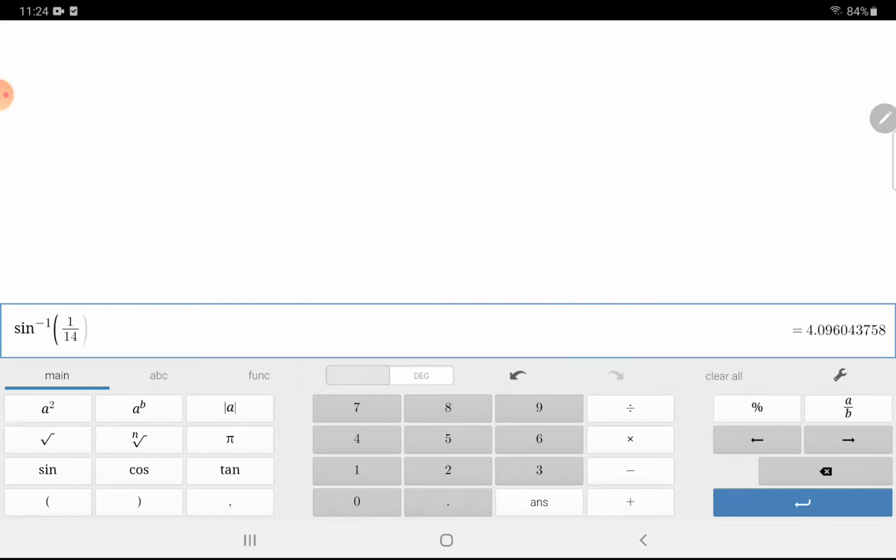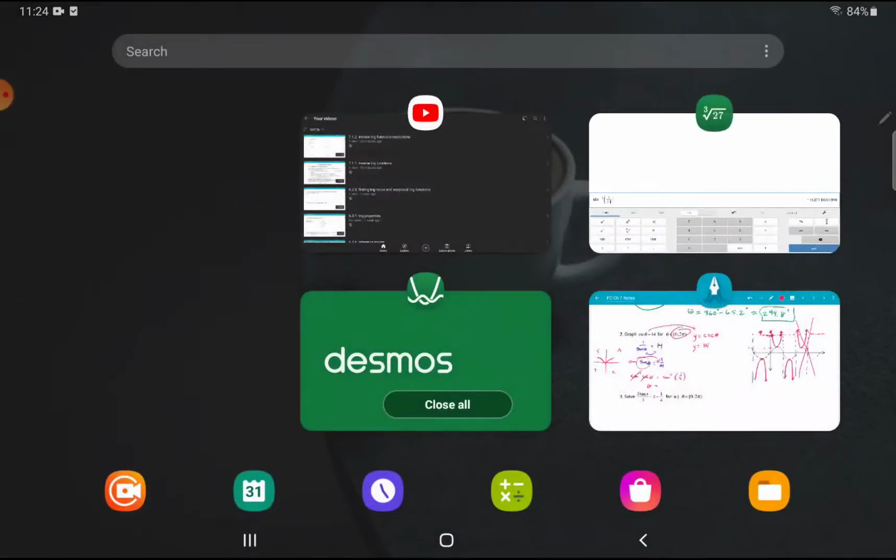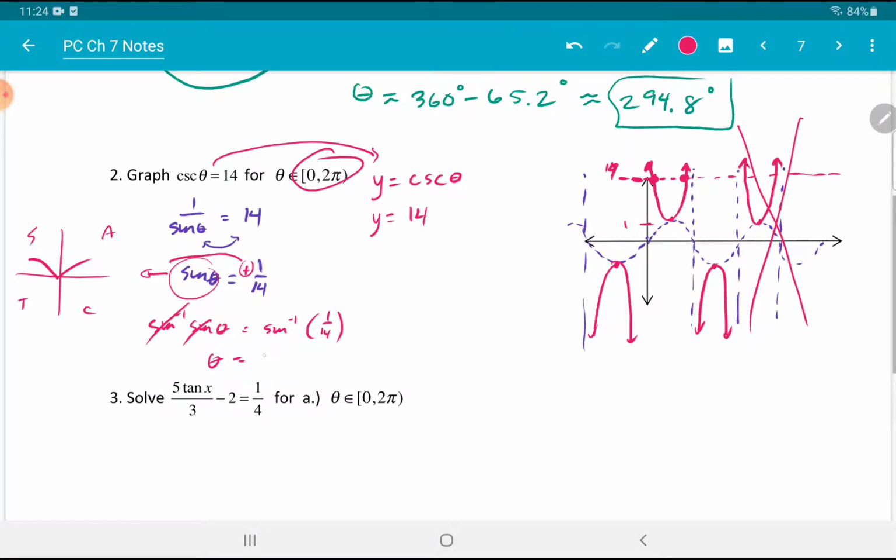Oh, wait, that's in degree format. Let me go in radian format here. That's going to be a value of 0.07148. Okay, let me write that down. We want to round this to the nearest tenth, so we're talking about a value of about 0.1 then.